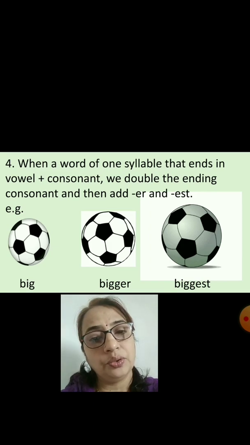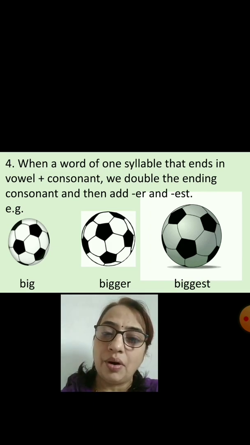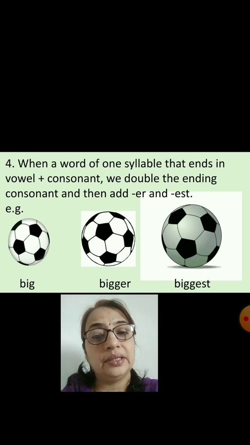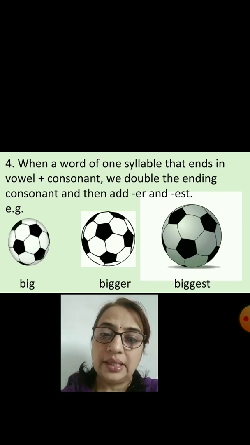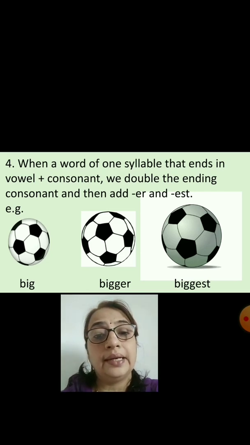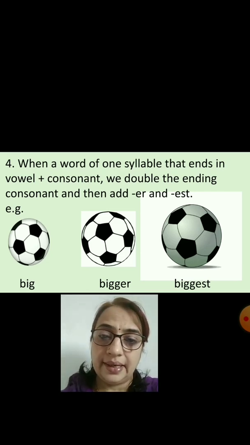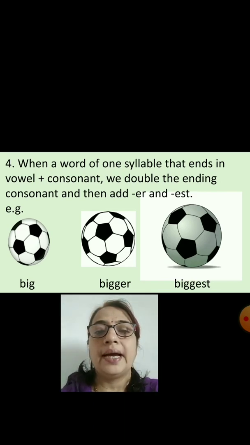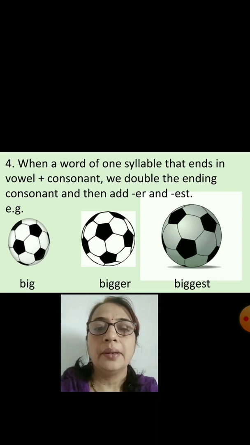A, E, I, O, U, these are the vowels and all the remaining alphabets are consonants. So if the word is ending with a vowel and a consonant, in that case you have to double the ending consonant and then add ER and EST. So BIG big, BIGGER bigger and BIGGEST biggest.